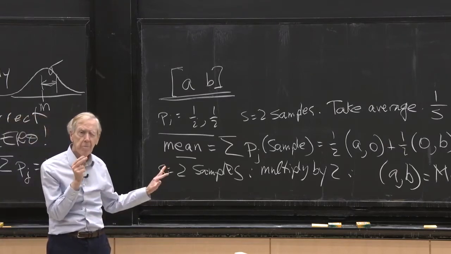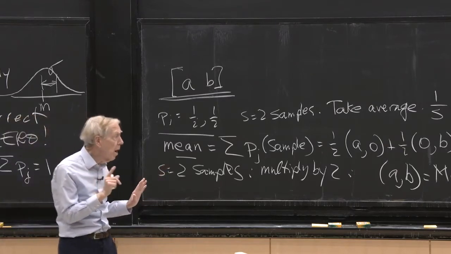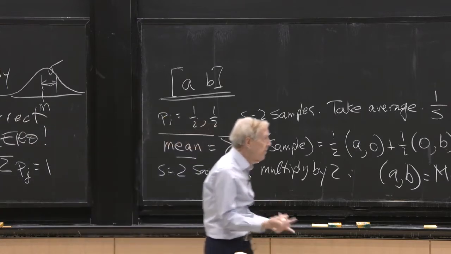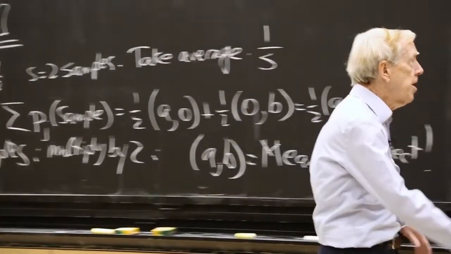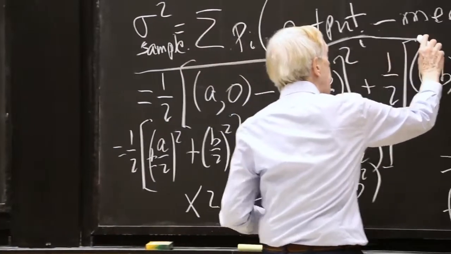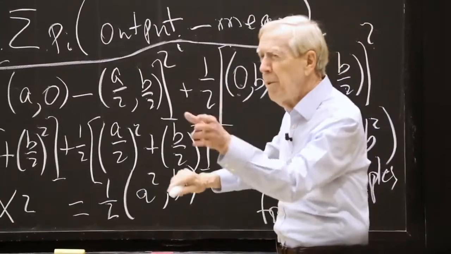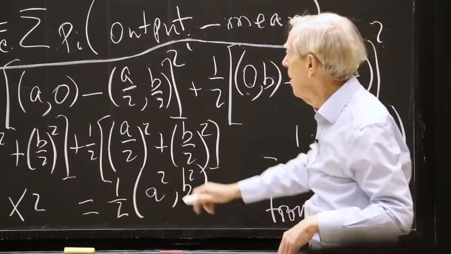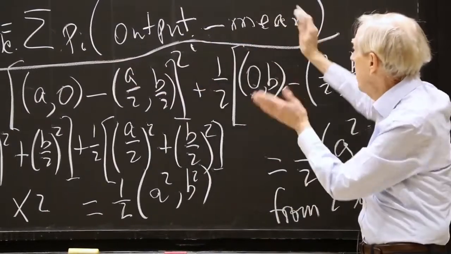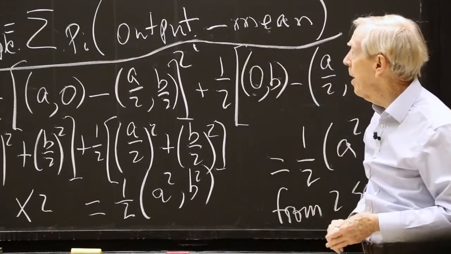And just another little point while we are reviewing variance. This is the standard formula for the variance. Sum of all the possible outcomes with their probabilities, the distance from the mean squared.